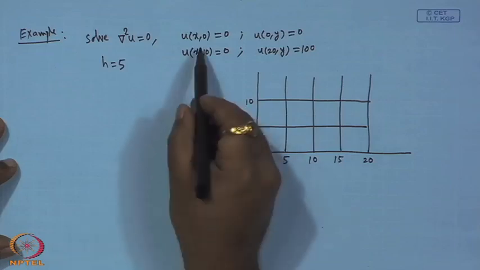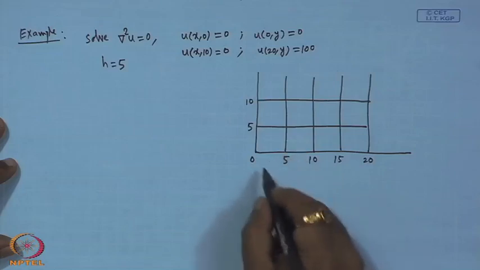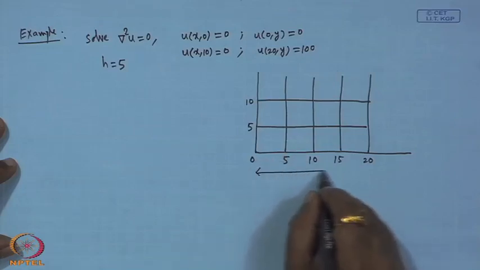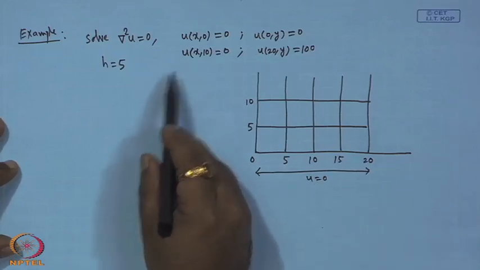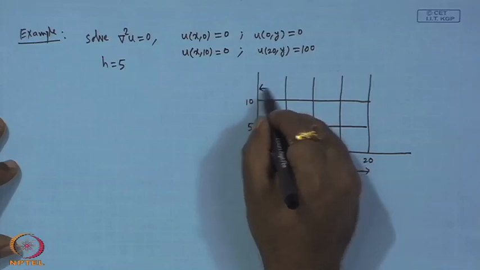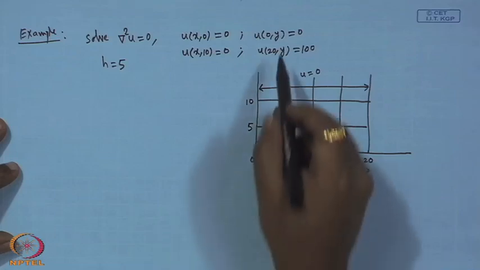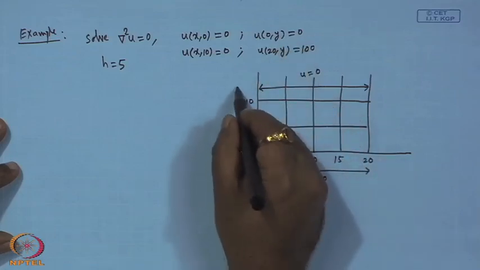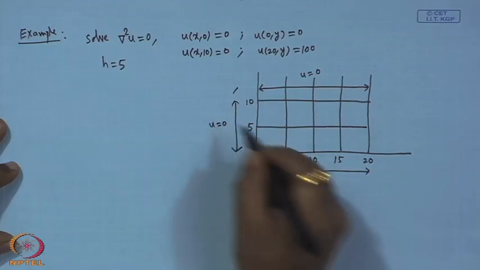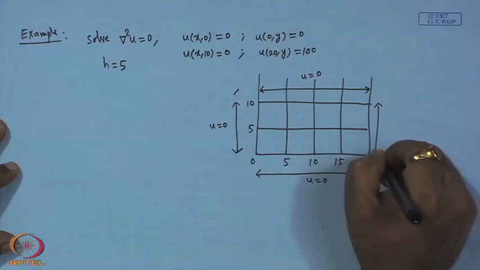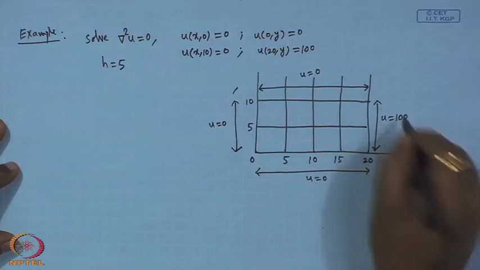Now, u of x, 0 is 0. So, on y equal to 0 it is 0. Then at the other boundary it is also 0, and whereas here it is u equals 100.